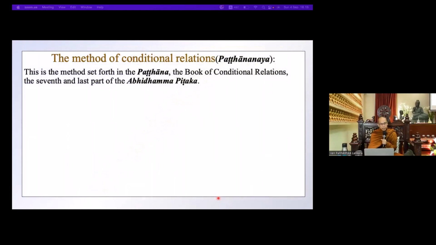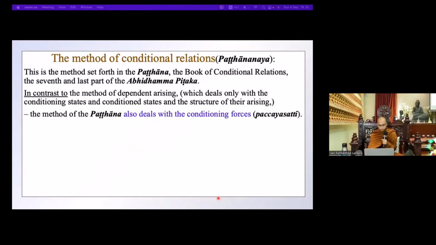But in the Patthana, which is the last book of the Abhidhamma Pitaka, it is not only explaining a single condition and a single conditional state.